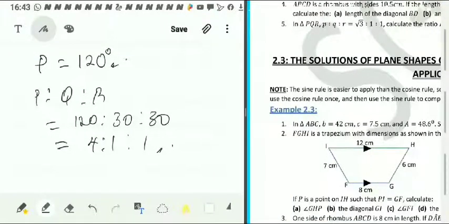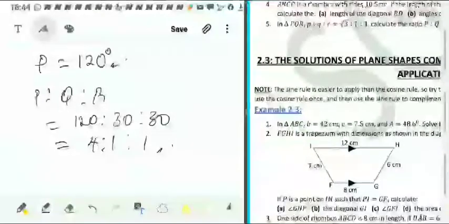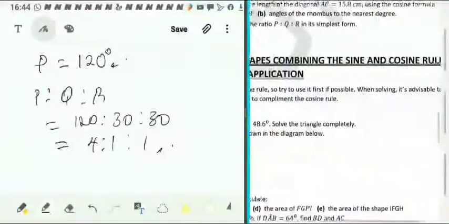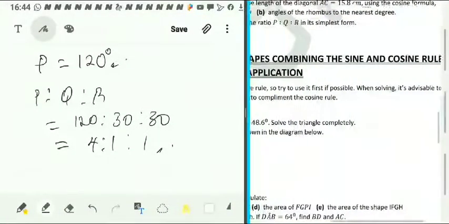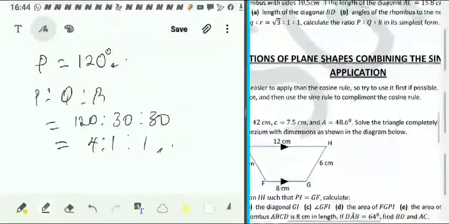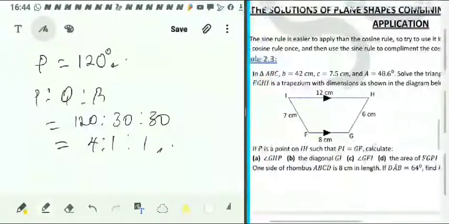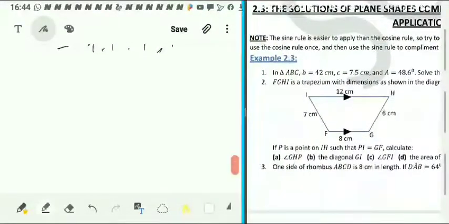We've been solving questions that involve only the sine rule or only the cosine rule, but now how do we apply both of them together? There is a notice here: the sine rule is easier to apply than the cosine rule, so try to use it first if possible. When solving, it is advisable to use the cosine rule once and then use the sine rule to complement the cosine rule. You can read that and understand what it's trying to say.